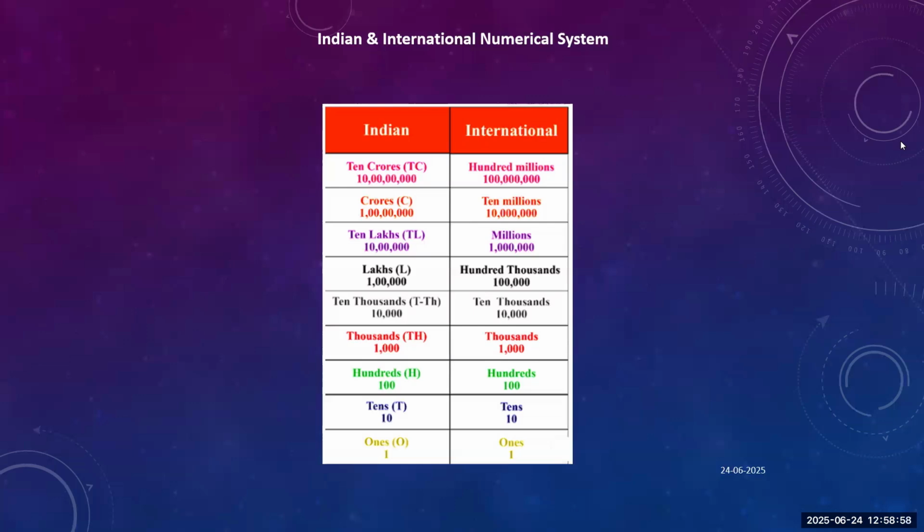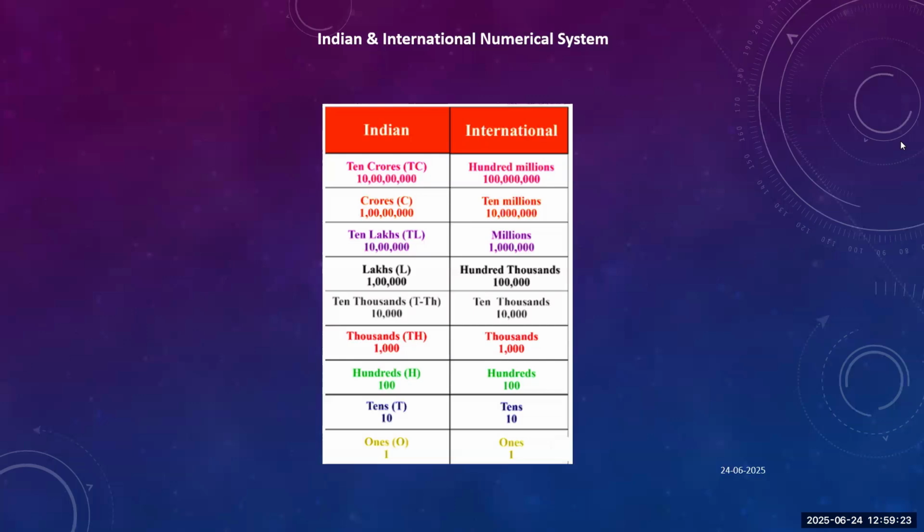100 million is 10 crores. So what would be a billion? 100 crore is a billion. Are you getting how these numbers follow?